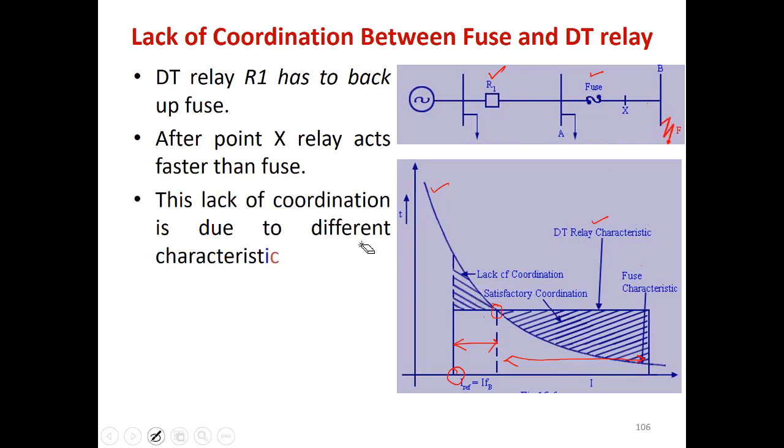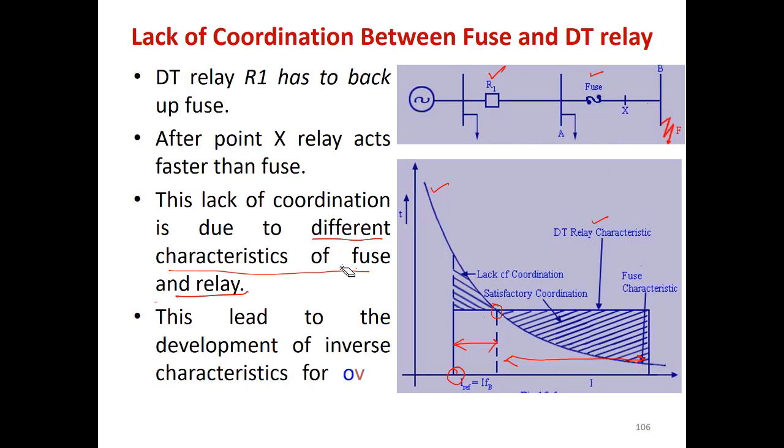So this lack of coordination is due to the different characteristic of the fuse and the relay. Because the relay characteristic doesn't match the characteristic of the fuse, this mismatch in coordination happens. So how to avoid this?